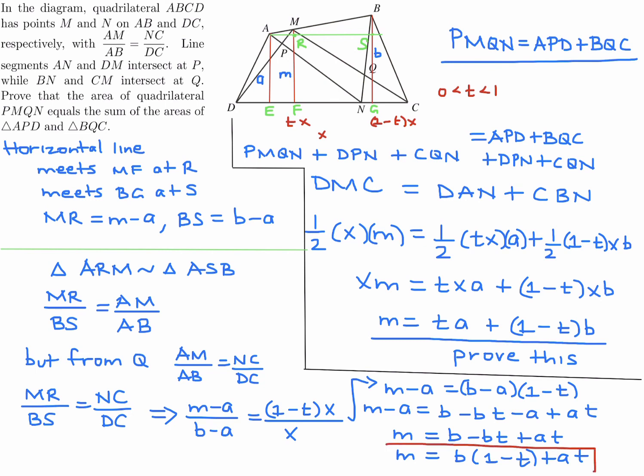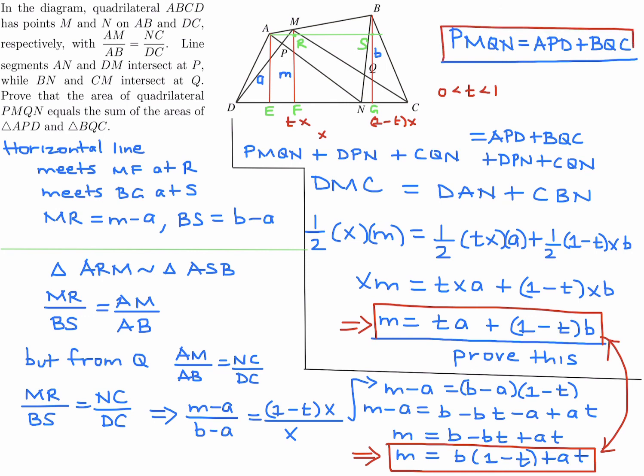You've just proven this. We had to prove this, and we did by coming up with that. Those are identical. That's equal to that. So there we go. We just proved what they wanted us to figure out in the question, that PMQN is equal to APD plus BQC.